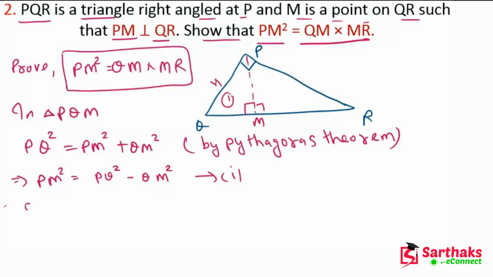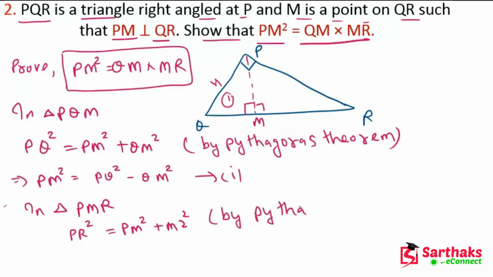And now in triangle PMR, we have PR square equal to PM square plus MR square, again by Pythagoras theorem.